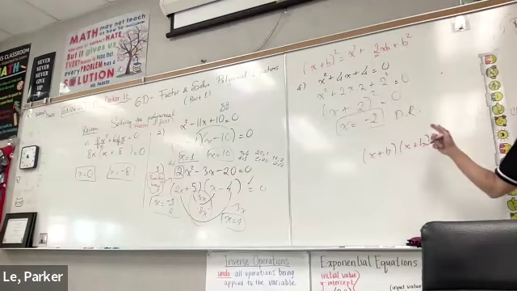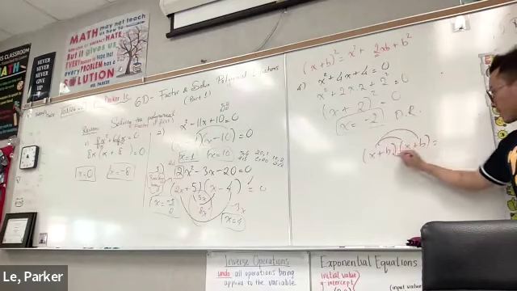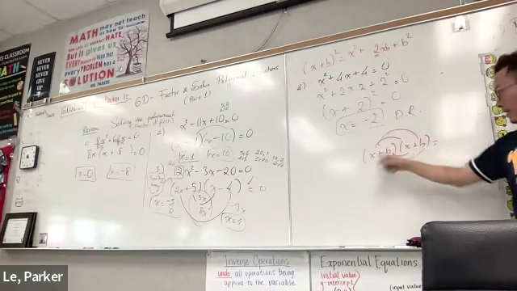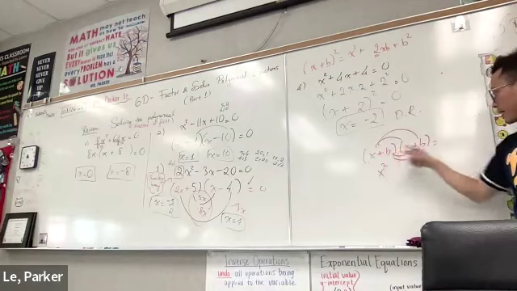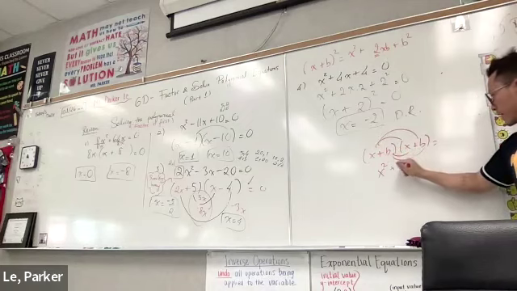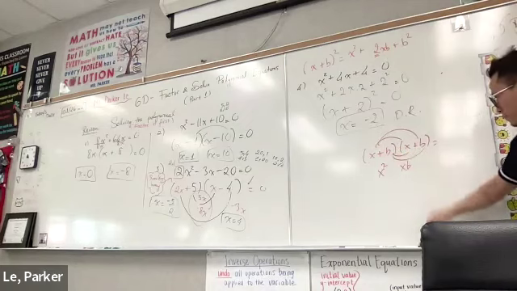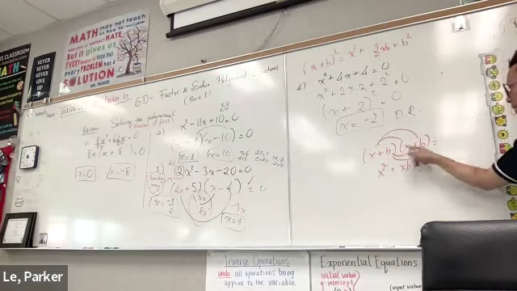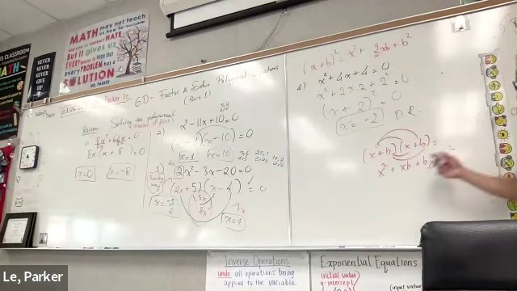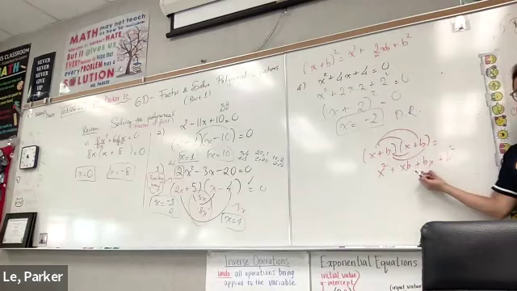If you follow, there are 2 of them. Let's follow, okay? X times x is x squared. X times b is xb. Now b times x is bx, b times b is b squared. Xb and bx are the same. That's why you have 2 of them.